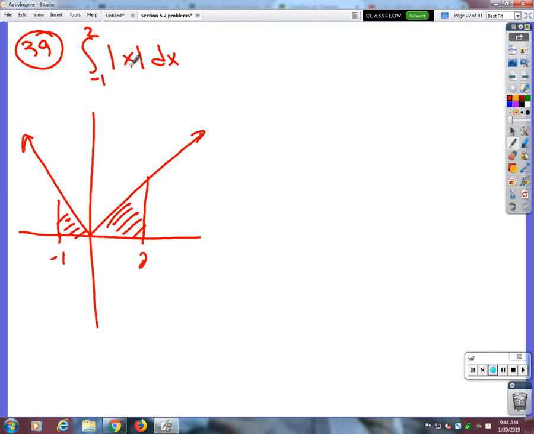Since it's just x, the height is going to be the same as this. So this height is going to be 1, and this height is going to be 2. So this is an area of 2. This is an area of 1/2. So add those together, and you get 2.5. It's above the x-axis. It is to the left of the y-axis, but we don't care about that.